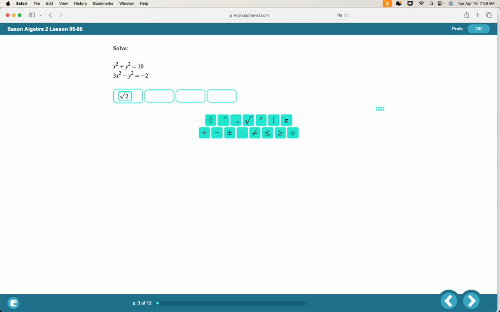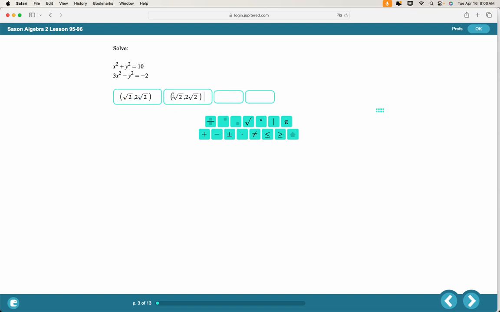It's something I have learned along the way. Then that would be positive 2 times square root of 2, and then the back parenthesis. You see how it automatically pops in that first parenthesis. I have a lot of students who get the right answer, but they type it in and get a double parenthesis at the front because that's just the way Jupyter works. Part of getting the right answer is knowing how Jupyter works.